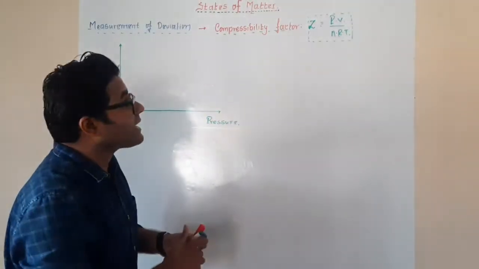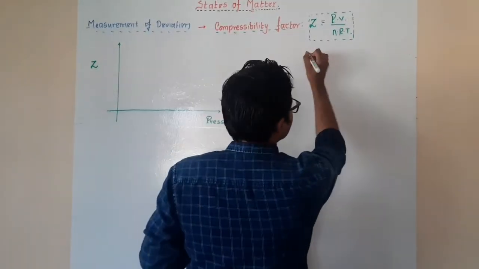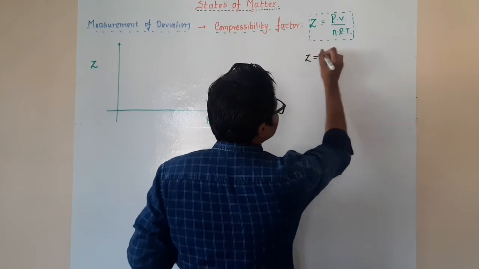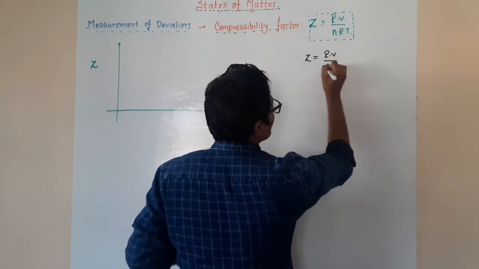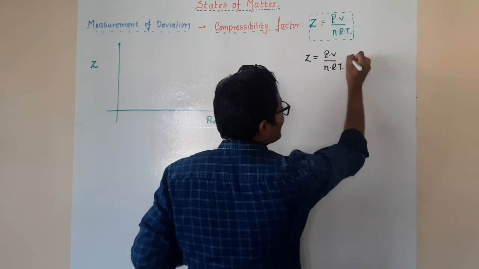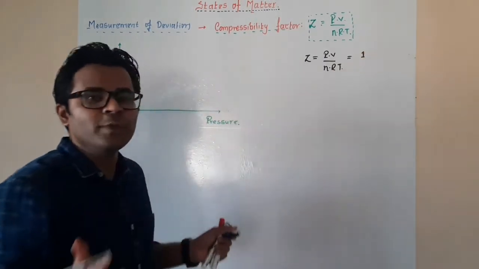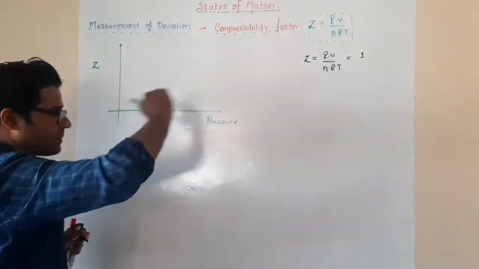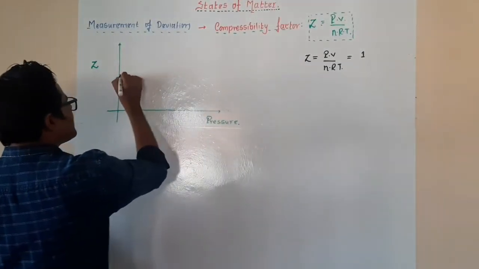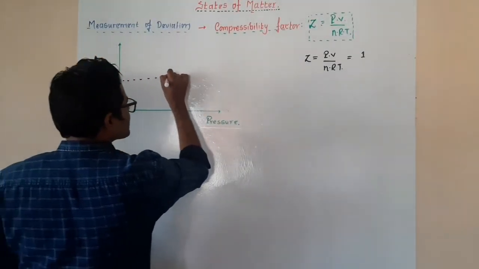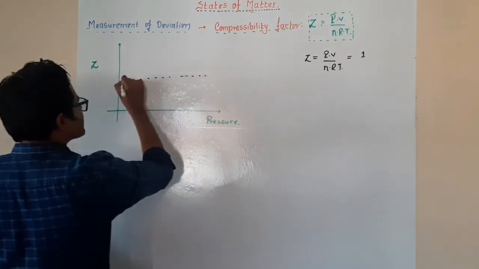So for an ideal gas, this value, that is Z equal to PV over nRT for 1 mole, should be equal to 1, or I could call it unity. That is, it is going to remain constant, and if that is so, then we shall plot it over here like this.